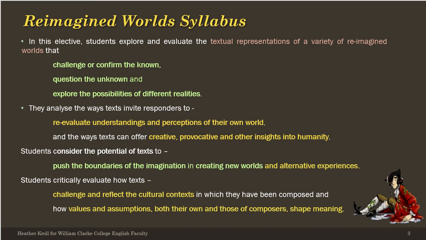So we're moving beyond what we know, and this is the first goal: challenge or confirm the known, question the unknown, and explore the possibilities of different realities. Those different realities can be just different experiences by different people, which is what you will do in Year 12 Advanced, but also different realities as in other worlds, which is why it's Reimagined Worlds.